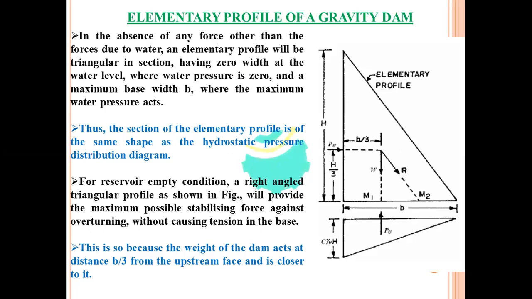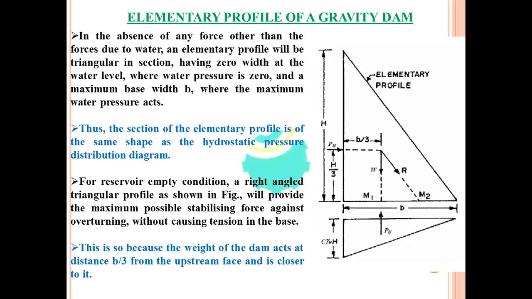First, we are fixing the base width, which means the length of the base. Second, we are verifying that all forces are passing through the one third of the base of the dam. So initially the design of the gravity dam starts with the triangle shape. Later, the shape is altered.